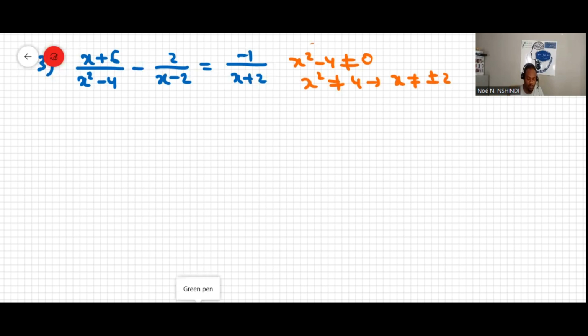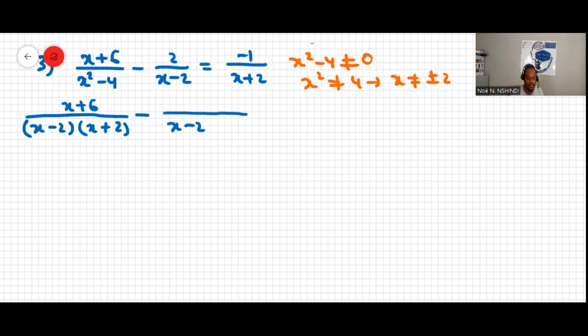So we can apply that property and factorize it as x minus 2 times x plus 2. Like that denominator, all under x plus 6, minus x minus 2 all under 2, equal to x plus 2 all under negative 1.